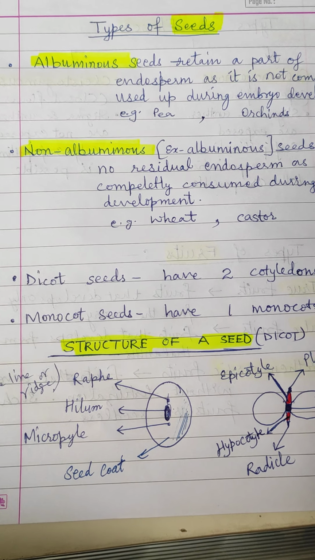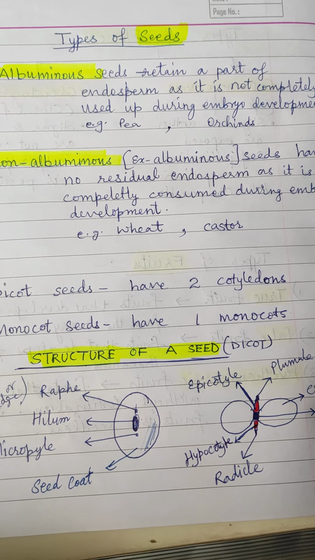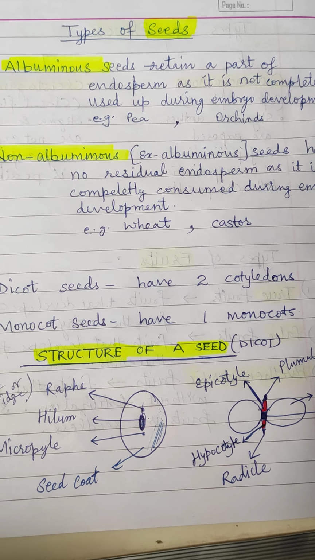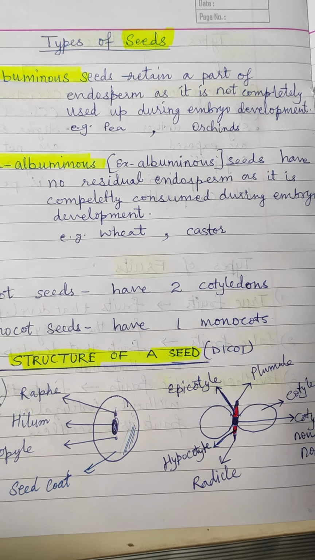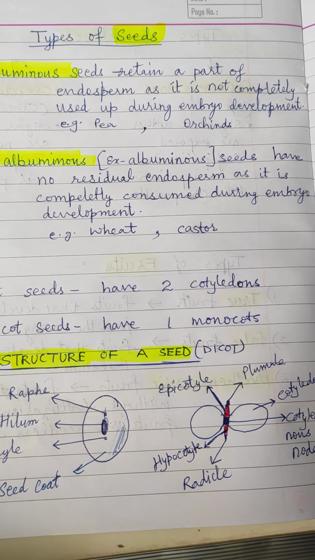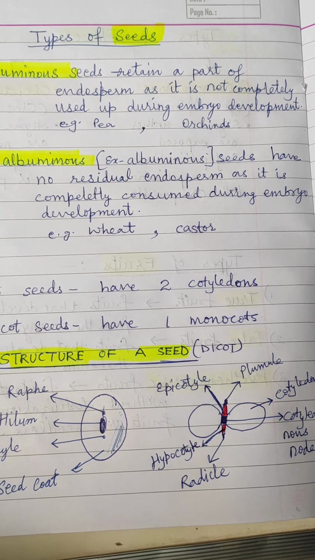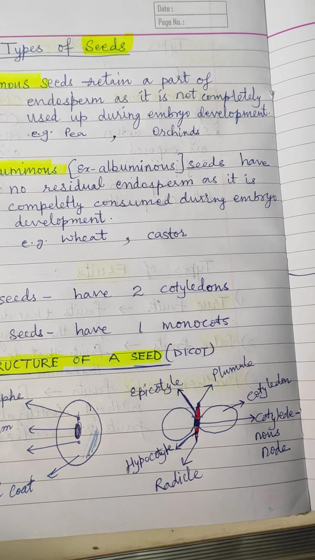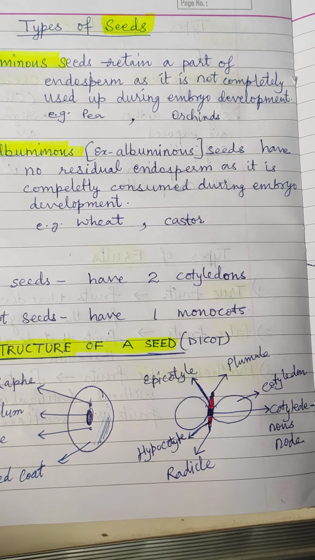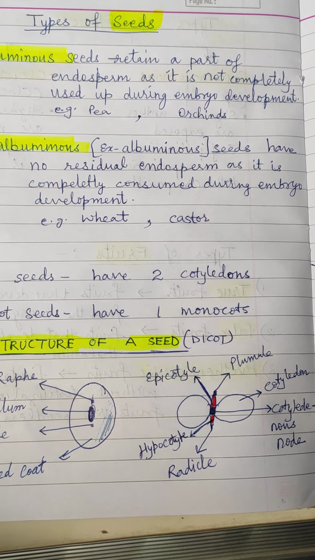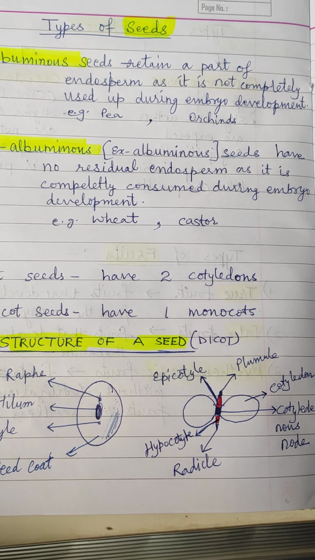Second type of seeds is non-albuminous, also called ex-albuminous. In these, endosperm is absent. Seeds have no residual endosperm as it is completely consumed during embryo development.